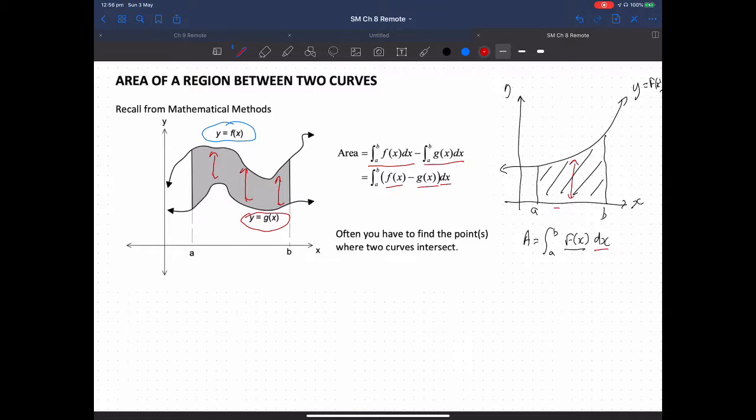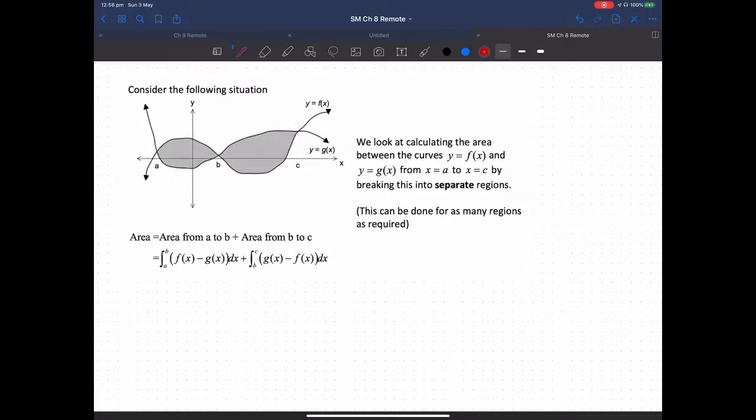If the values cross, then you will have to find the points at which they intersect. The situation can become more complicated if fx and gx switch positions.